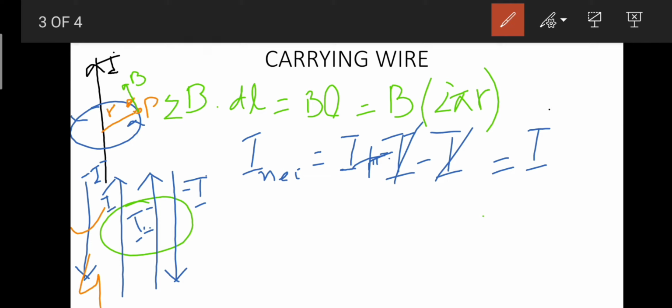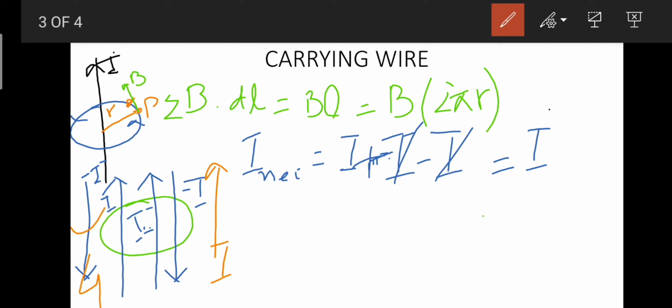If I draw another wire having current I, I cannot add this wire. Why? Because this is not lying inside the Amperian loop. Net current comprises the wires or conductors which are lying inside the Amperian loop.